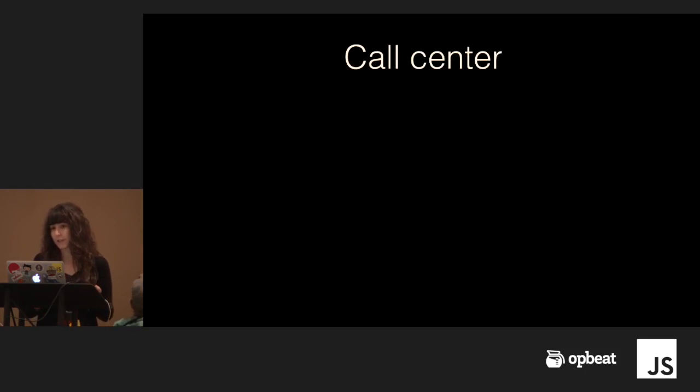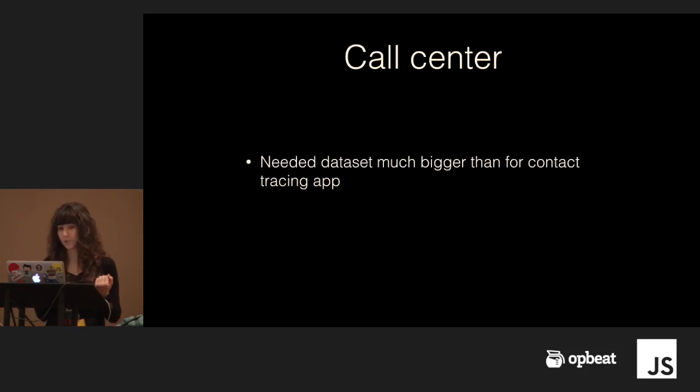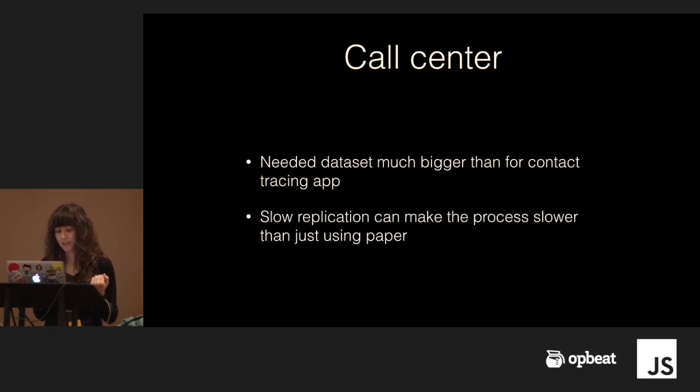In the case of the call center, however, it was different because we tried to reduce the data set, and still the smallest data set was too big. And also we realized that instead of making things faster, we were making them slower. How is that? Well, if they were using paper, the operator would be taking all the information on paper, and the people sending ambulances, for example, would be here.